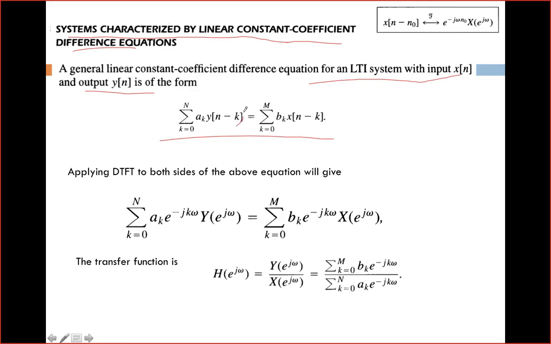When you are taking discrete time Fourier transform on both sides, again I am referring to the time shifting property. Here a delay or shift is introduced in this equation. Depending upon the value of this delay, you have to multiply by e power minus j omega. That's it.